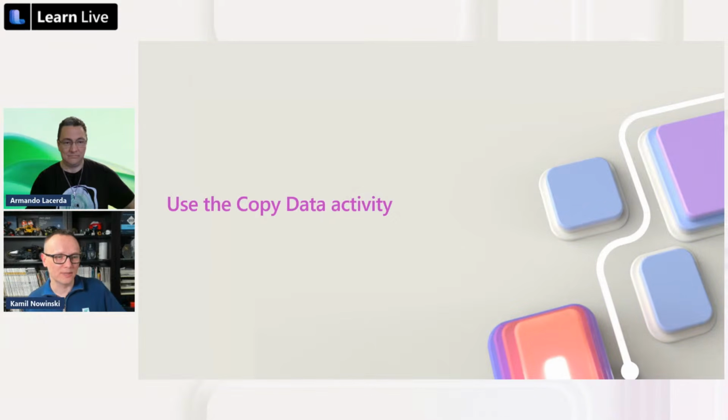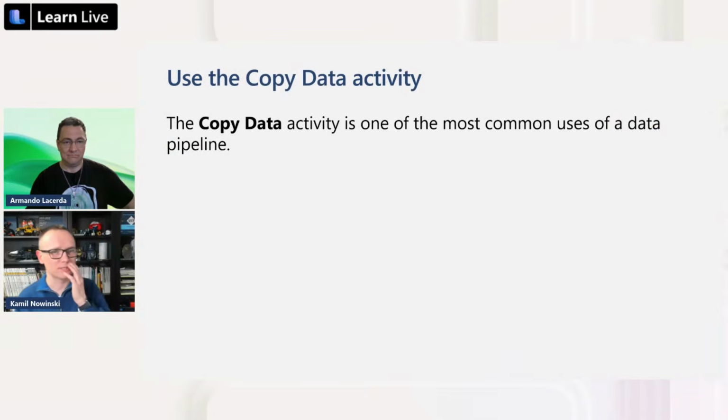So when using the copy data activity, what is that? Let's have a look. Copy data activity is, as I mentioned already, one of the most commonly used activities in the data pipeline. Why is that?